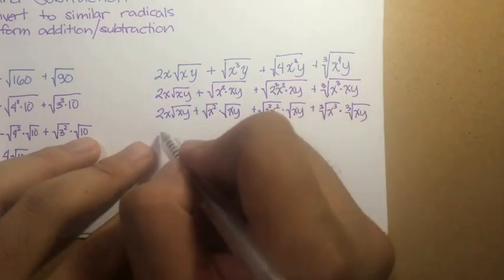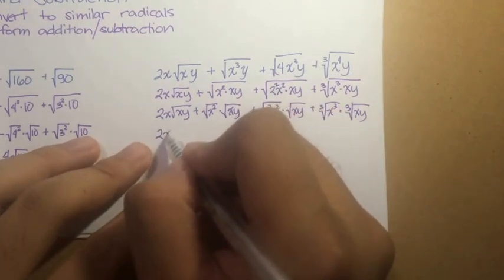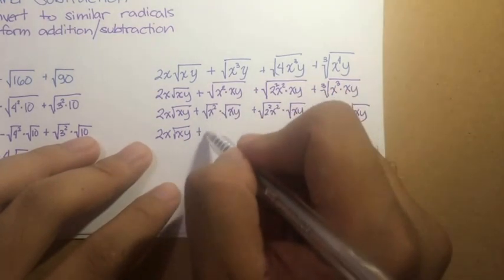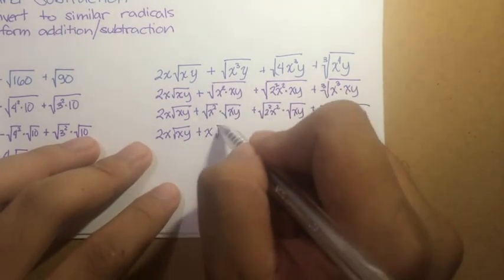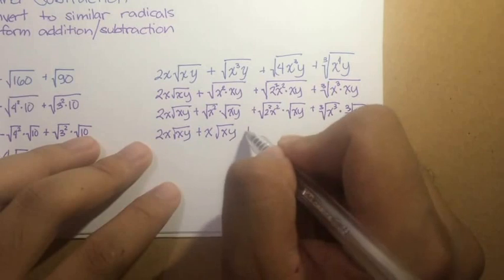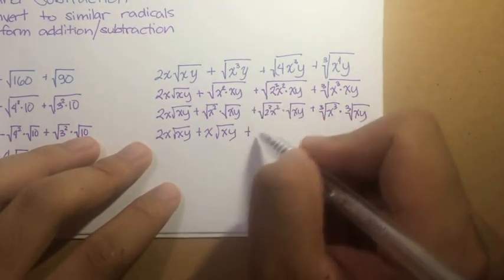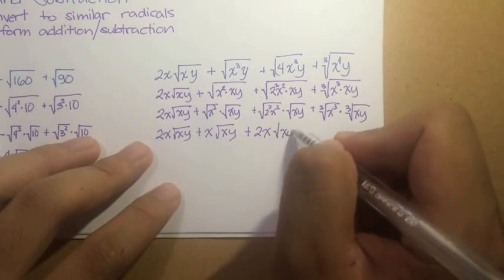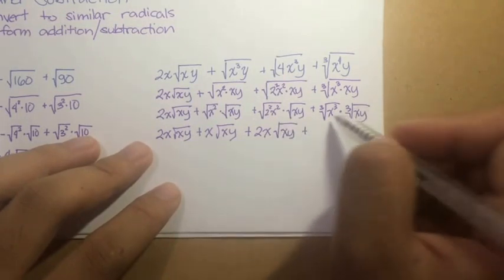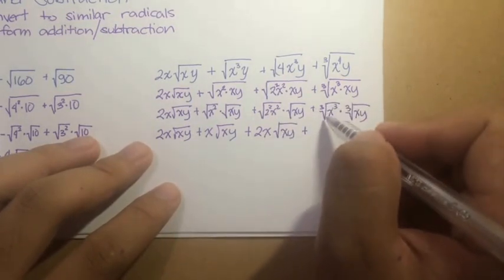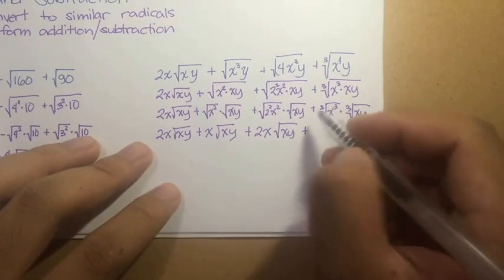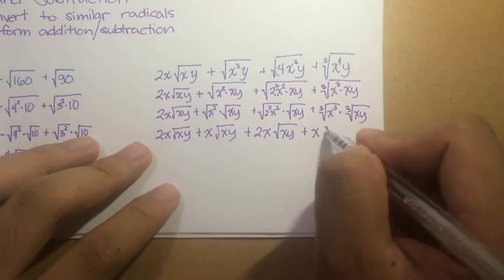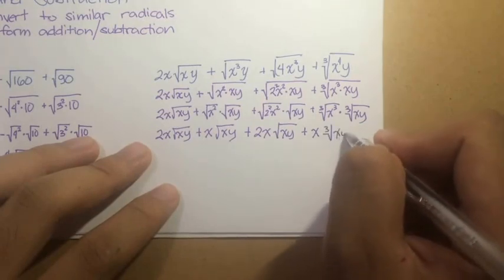Further simplification leads to 2x square root of xy plus the square root of x squared is x, square root of xy, plus the square root of 2 squared x squared is 2x. So we continue with the simplification. Cube root of x cubed is x, so we get x times cube root of xy.